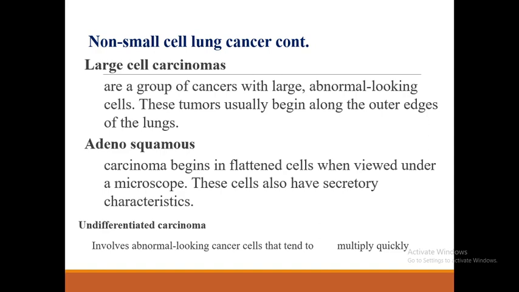These cells also have secretory characteristics, which means they can secrete things. Then we have undifferentiated carcinomas, involving abnormal looking cancer cells that tend to multiply quickly. That means they divide and grow very quickly.